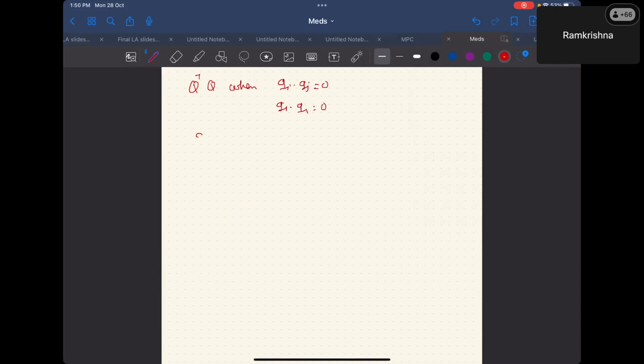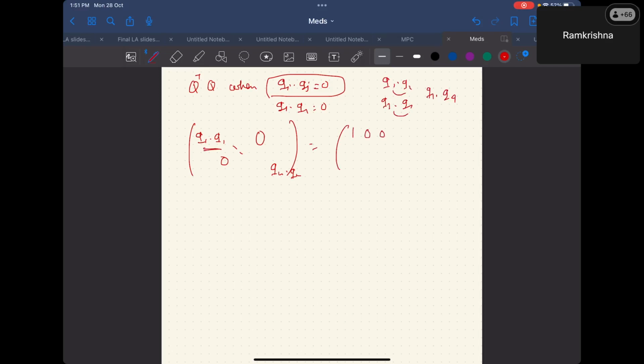Again, on my diagonal will be Q1 dot Q1 all the way till Qn dot Qn, and zeros everywhere else, because any other dot product will just give me 0, like Q1 times Q2 or Q2 times Q1, Q1 times Q4, anything where i and j are not equal will always give me a 0. And everything else, because these are all unit vectors, will just give me 1. All ones in the diagonal and zeros everywhere else. So this is now my identity matrix.